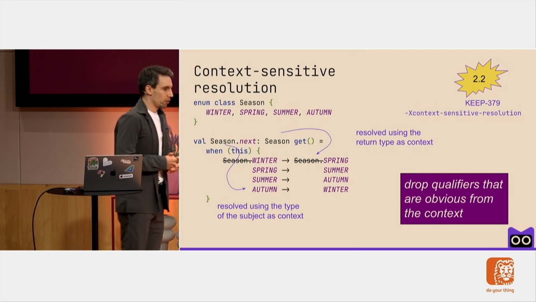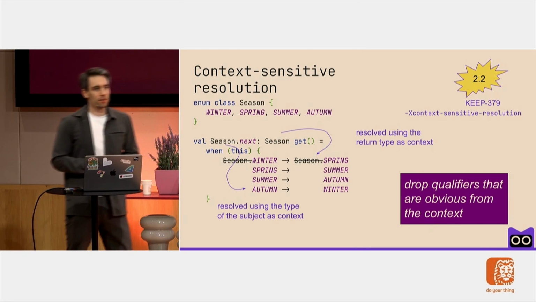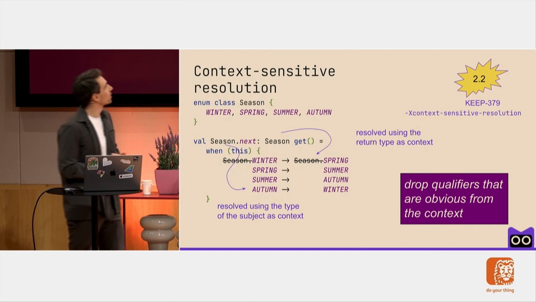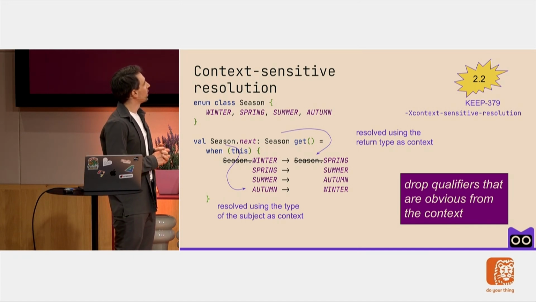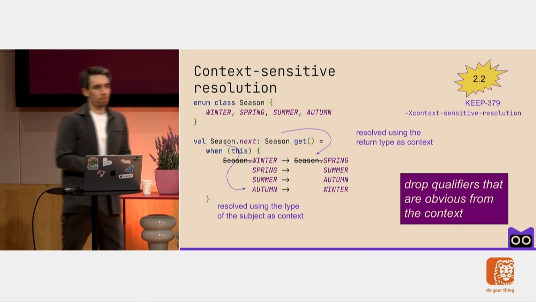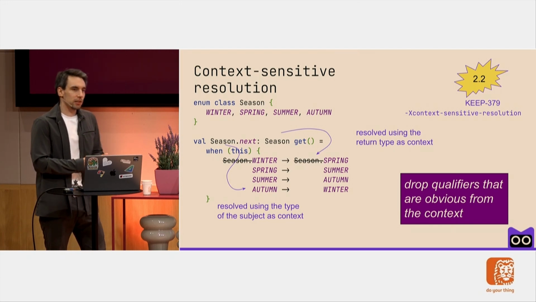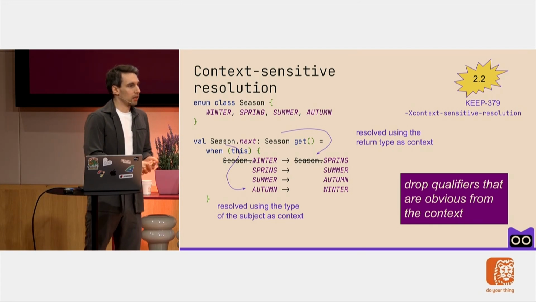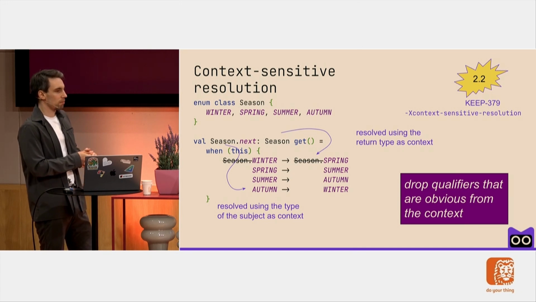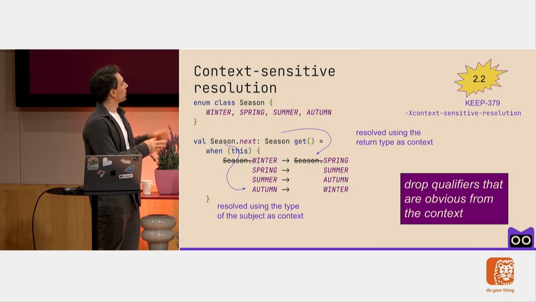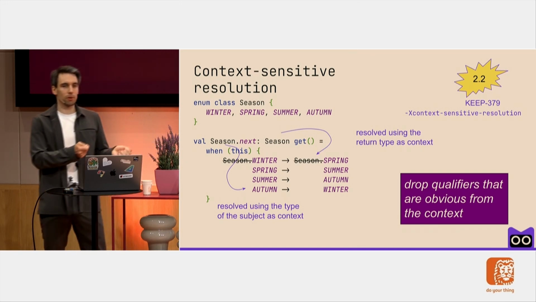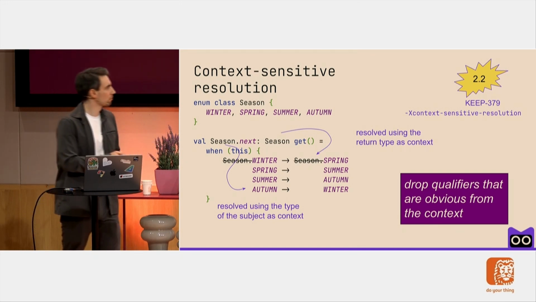The other thing about context is the feature called context-sensitive resolution. And again, on the surface, it's quite simple, because when we have an enum class or a sealed hierarchy, and we want to do a when over such an enum, right now we have to write Season.Winter, Season.Spring, and use this qualifier Season all over the place.